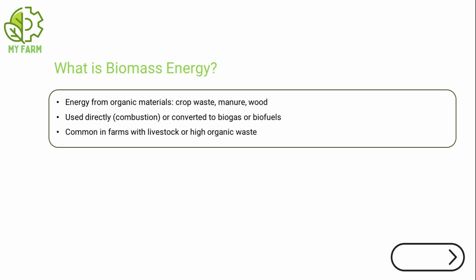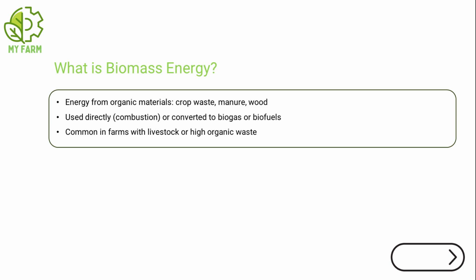Beyond energy production, biomass plays a crucial role in advancing the principles of the circular economy, an approach where resources are continually reused and recycled within the system. By turning organic waste into valuable energy, farms can close nutrient and energy loops, transforming outputs that would otherwise pollute soil or water into productive resources.